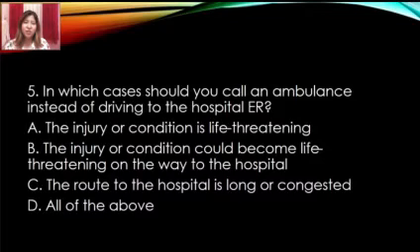Next, in which cases should you call an ambulance instead of driving to the hospital ER? A, the injury or condition is life-threatening. Or is it B, the injury or condition could become life-threatening on the way to the hospital? C, the route to the hospital is long or congested? Or D, all of the above.